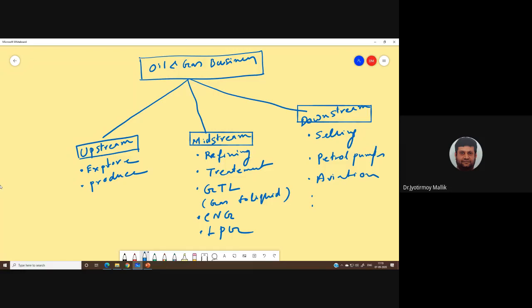Also in the midstream business, the different oil and gas products are prepared.